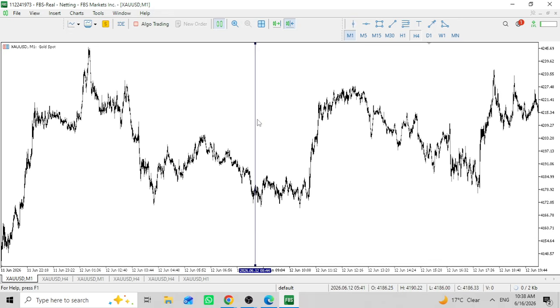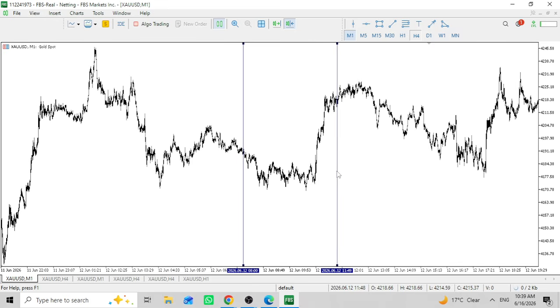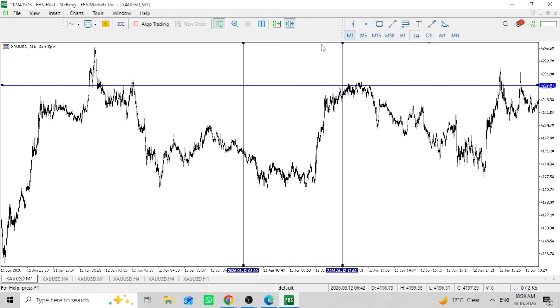Between 8 a.m. Where is 8 a.m.? 8 a.m. is there. And where is 12:00? 12:00 is there. This is 2 days in a row using the same strategy and trying to check if I would be making money or I would just be losing.